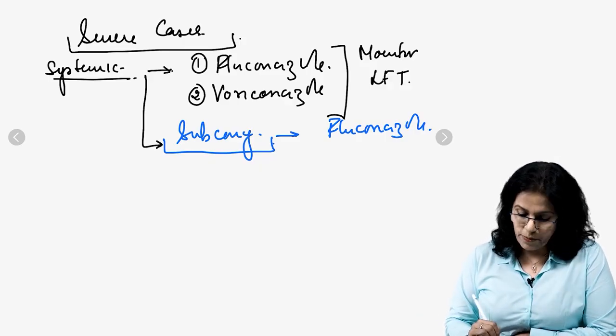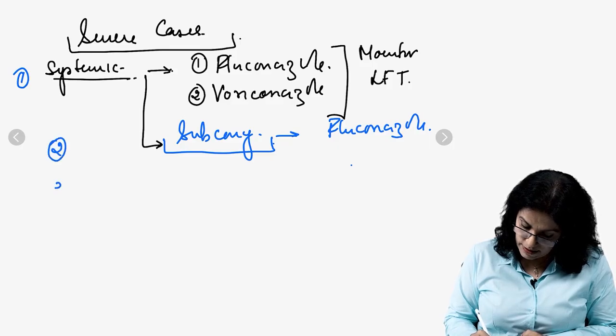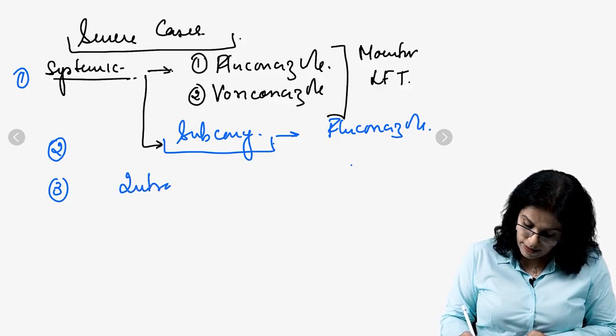But this may also be needed along with the eye drops. So in a severe case, either I am giving systemic, or I am starting with subconjunctival, or sometimes I am giving intracameral. Intracameral means inside the anterior chamber.